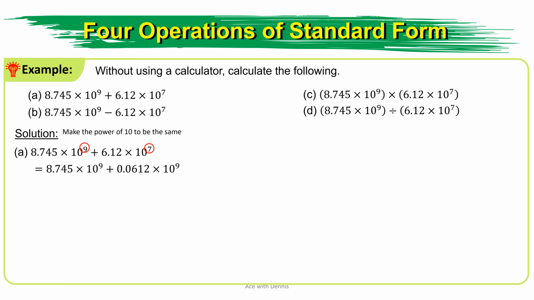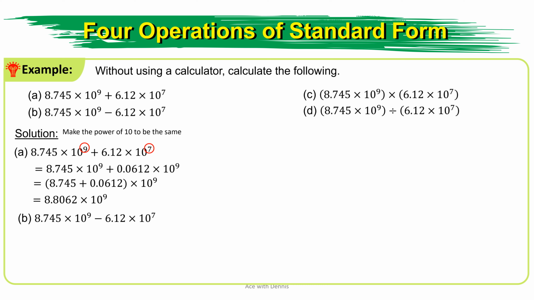So for this case, it is 8.745 times 10 to the power of 9 plus 0.0612 times 10 to the power of 9. The next step is we can factorize out the 10 to the power of 9, and inside the bracket it is 8.745 plus 0.0612, and the answer is 8.8062 times 10 to the power of 9.